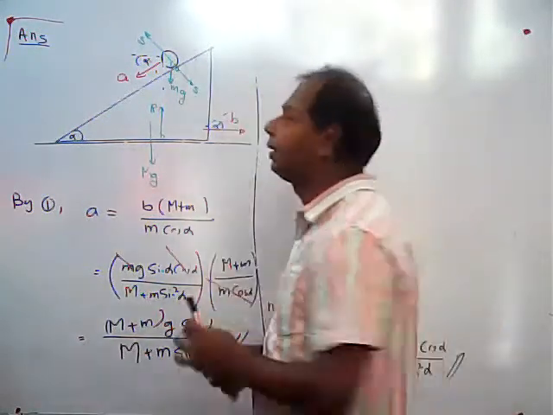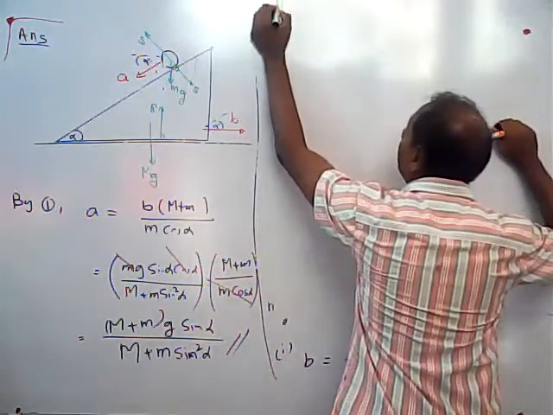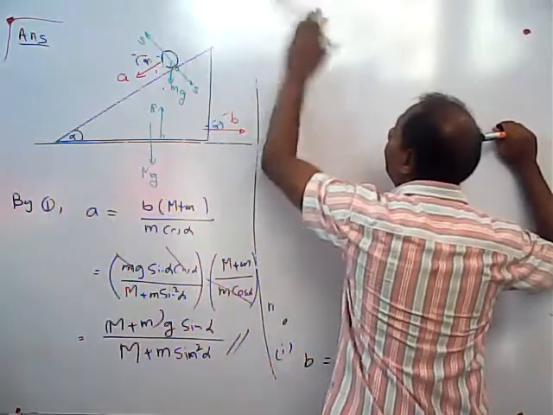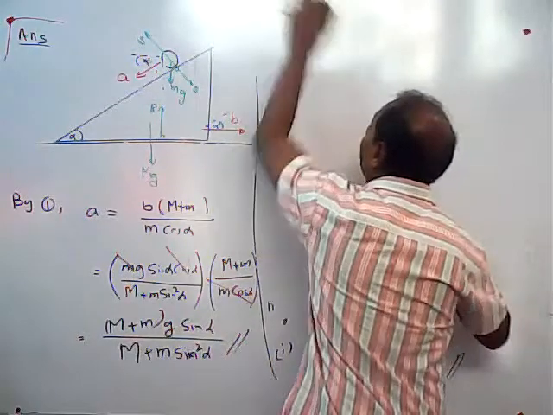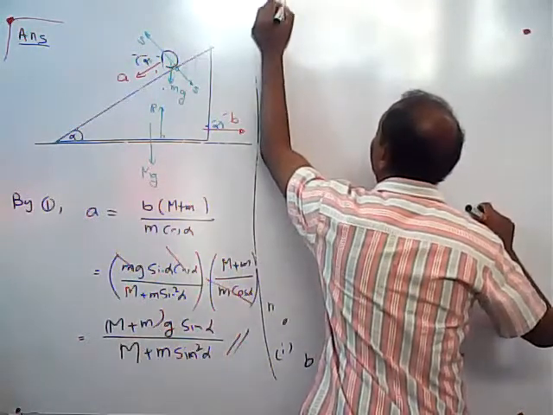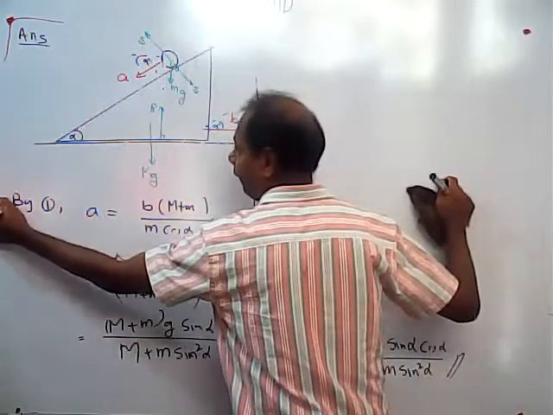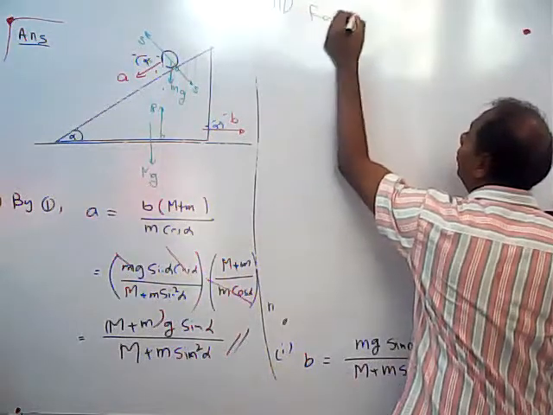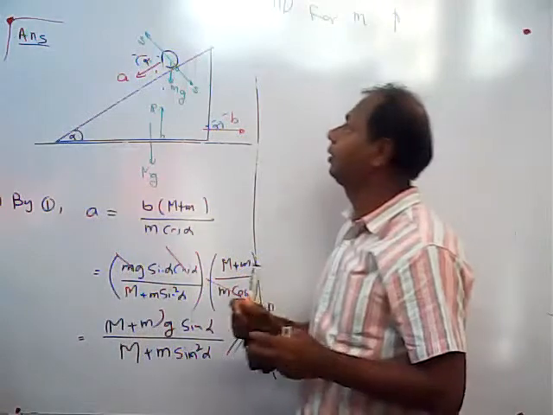For part 3, F equals MA for the small m vertically upwards.